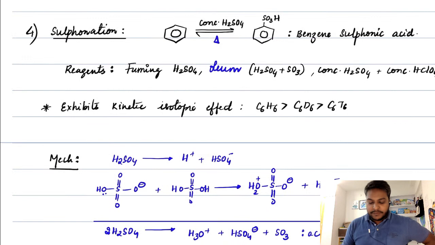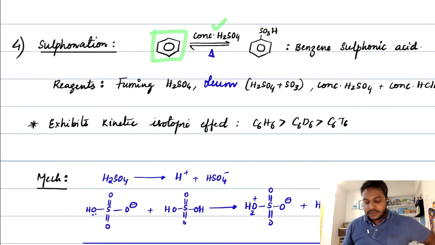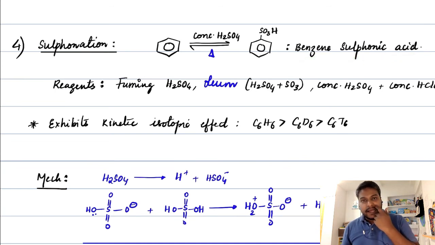Next reaction is sulfonation. In sulfonation, benzene in the presence of concentrated H2SO4 will give you SO3H, which we call benzene sulfonic acid. Here the sulfonating agents could be fuming H2SO4 directly, which means continuously bubbling out, since concentrated H2SO4 is highly unstable.